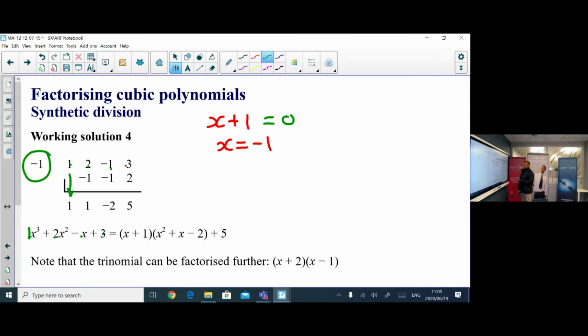We just put down this number as it is, and then from that point we start to multiply this and that, and we get a result here. So you multiply minus 1 times 1, you get minus 1, and then you are always adding.